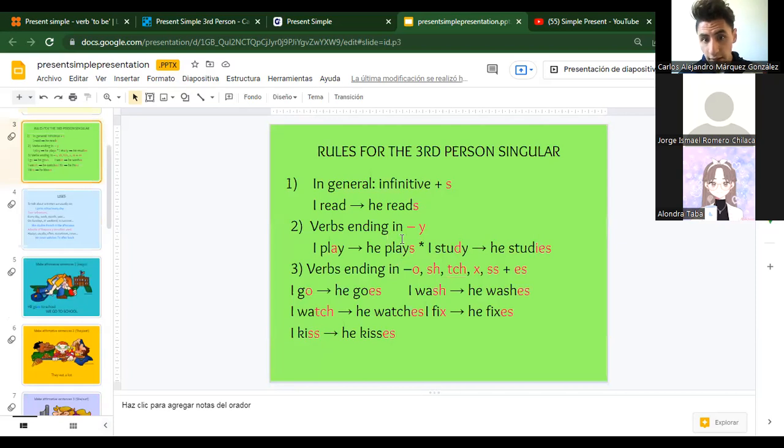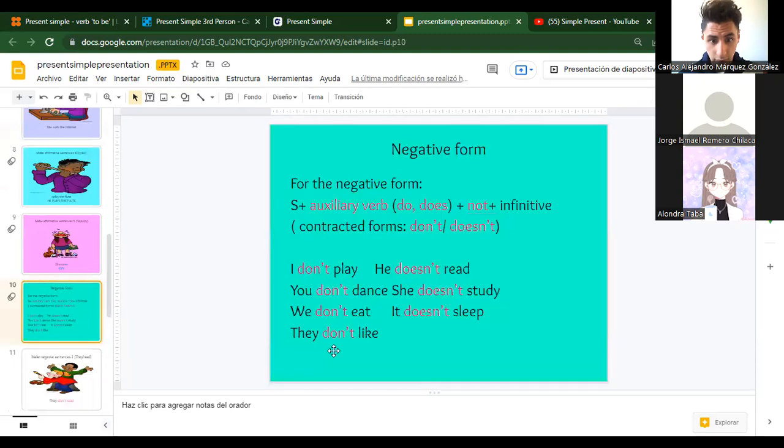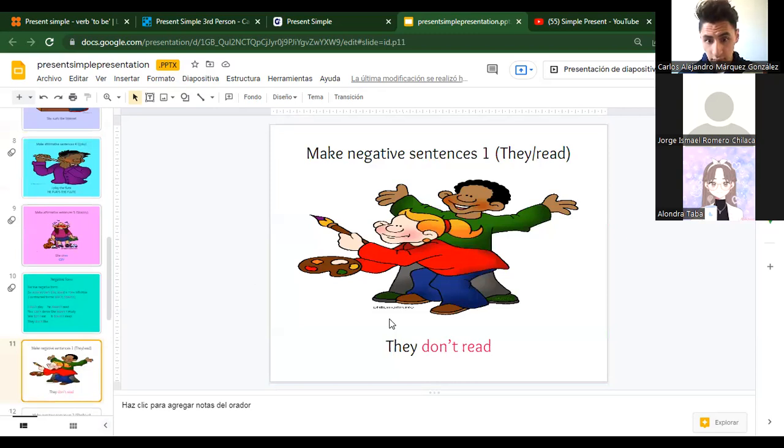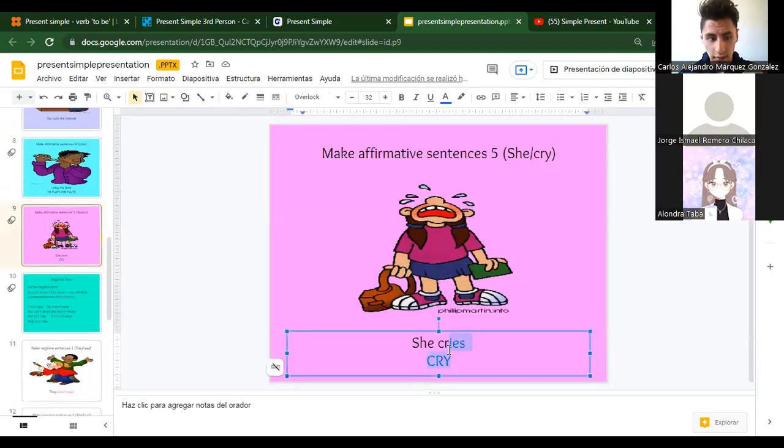Remember that we have a consonant, just like study, and then we have the letter Y, we change it to IES, okay? Just like in this case, okay?